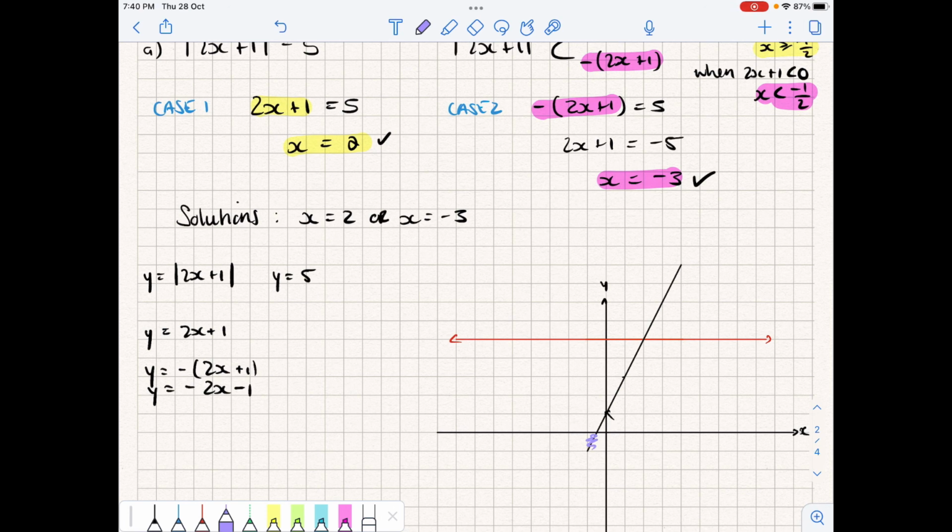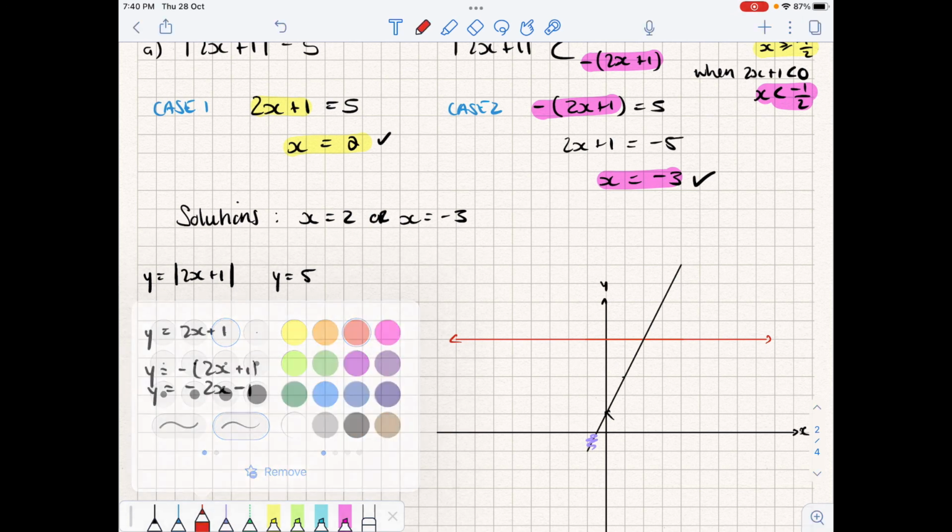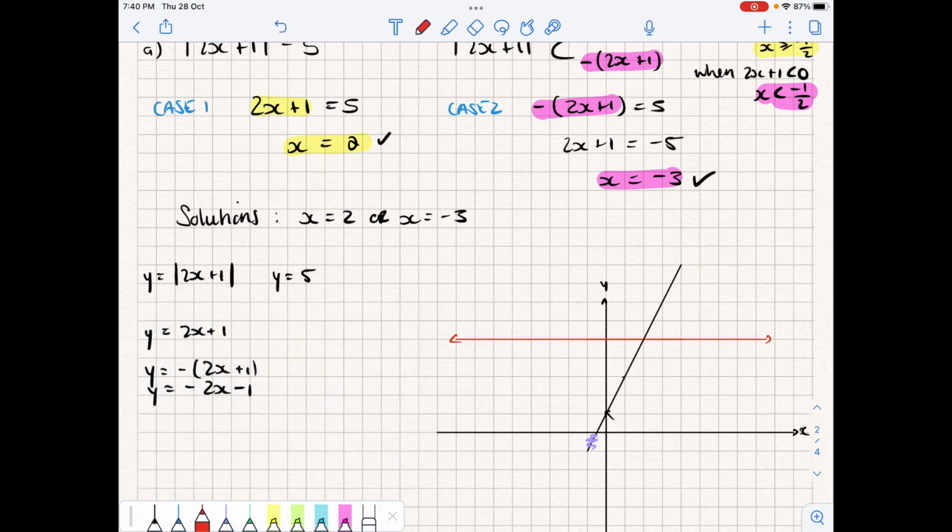And we can now also consider the function minus 2x minus 1. So it's going to have a y-intercept of negative 1, and this time it's a gradient of minus 2. So we have down 2 across 1. We can join the dots.